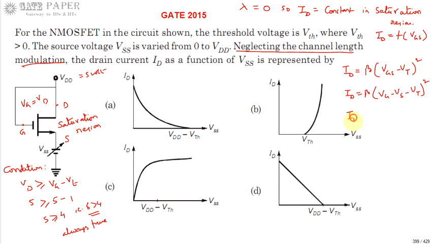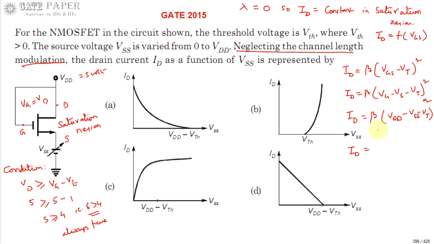Substituting the values, VG, the gate voltage, is connected to VDD, minus the source voltage, that is VSS, minus VT, whole square.